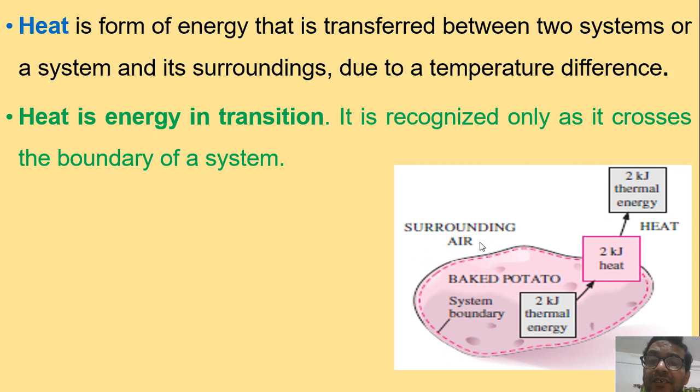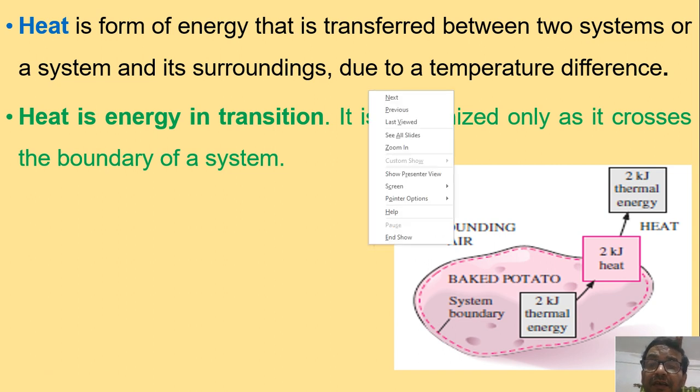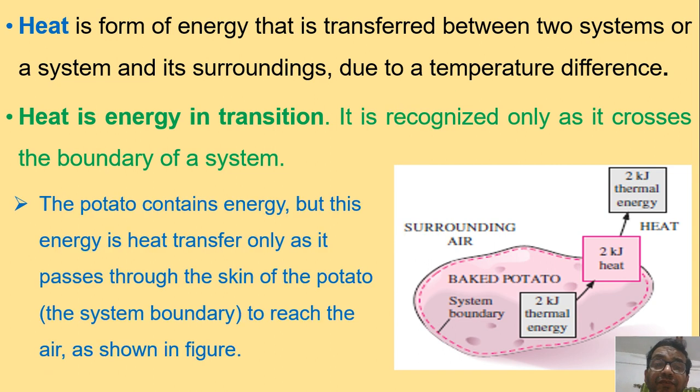That means we are incorporating the heat here, and then the system is getting heated, but this heat is not coming out because of the peel. This is the boundary. So this is one good example of the baked potato.